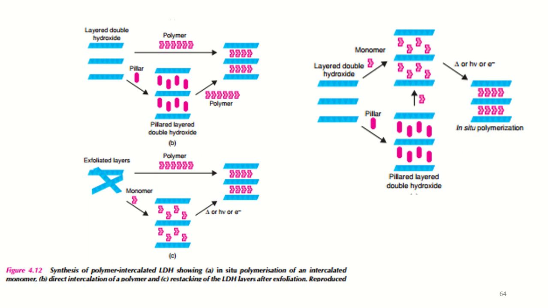Then it is quite easy to exfoliate and separate the sheets and subsequently restack them. With LDHs, this process is not so easy given the charged nature of the layers, but is possible in certain cases as shown in this diagram.